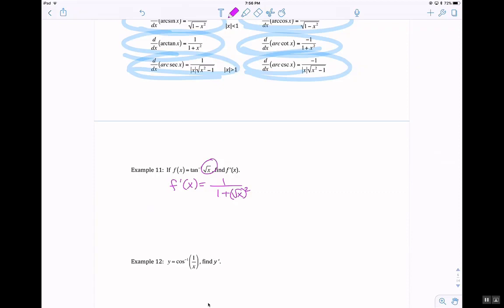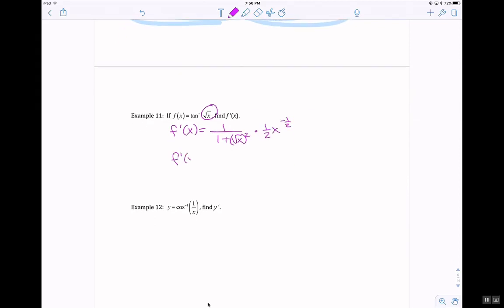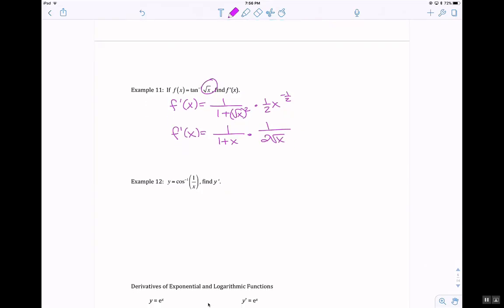Because that is inside of the arc tangent, this is a chain rule. So multiply by 1/2 x to the negative 1/2. So f prime of x is 1 over 1 plus x times 1 over 2 root x. So f prime of x is 1 over 2 root x and 1 plus x.